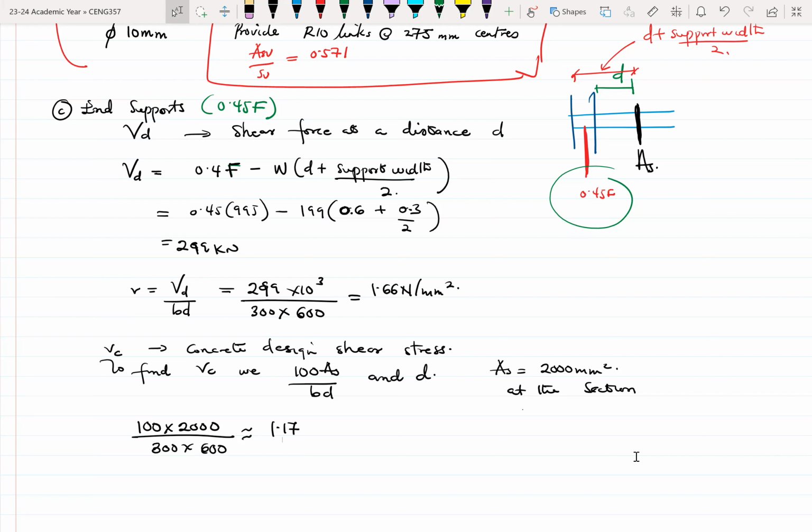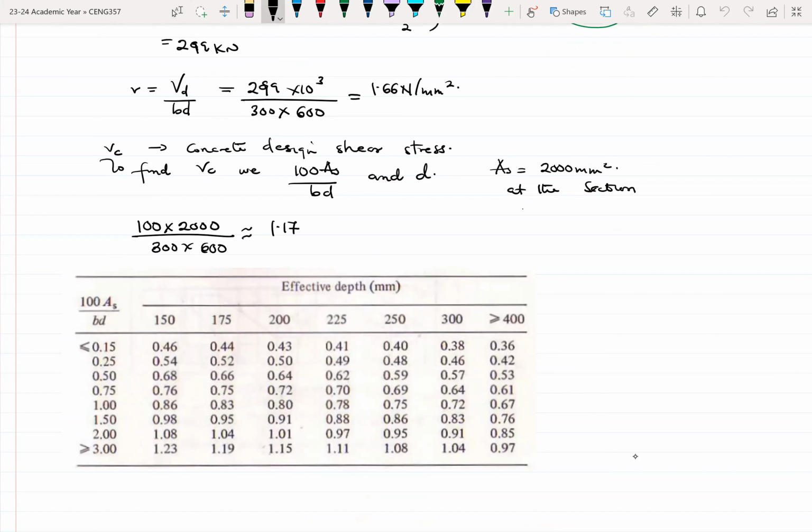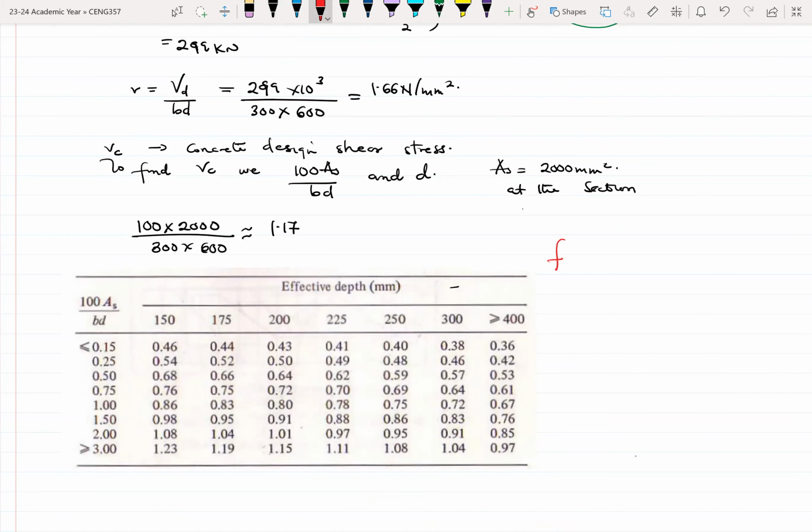It's here. So this is a table for FCU. For FCU, why can't I write on my screen? Okay, my screen has given up on me. Anyways, it's fine. This is for FCU equal to 30 newtons per millimeter square.